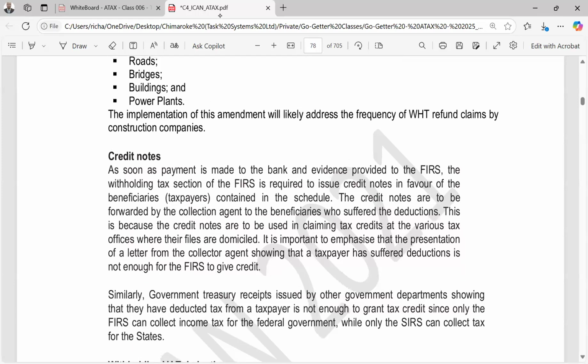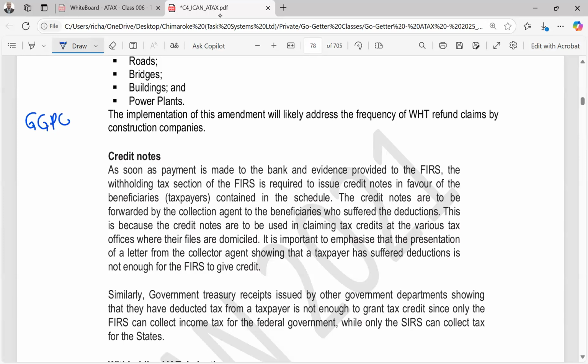Now, credit notes. As soon as payment is made to the bank and evidence provided to the FIRS, the withholding tax section of the FIRS will issue a credit note in favor of the beneficiaries contained in the schedule. Now, look at what it means. Let's say Goal Getter, I'll call it GGPC.